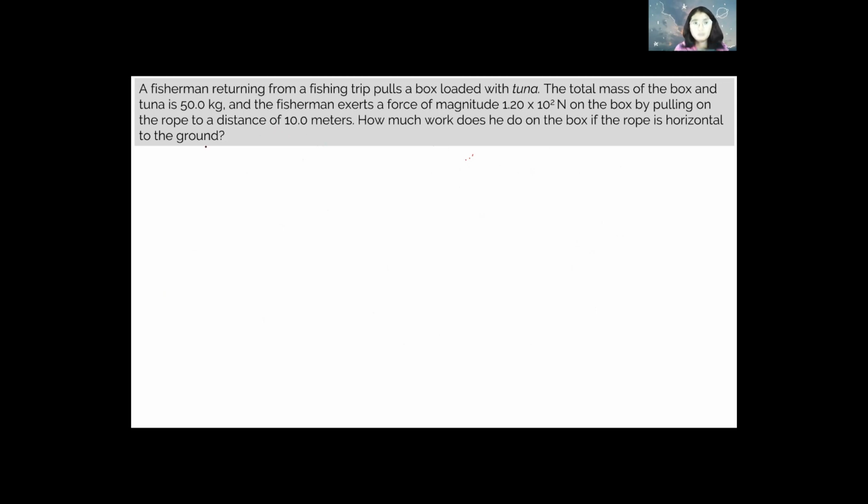Okay, for the distance, the given distance is 10.0 meters.